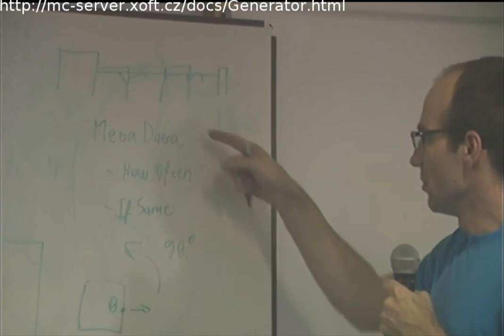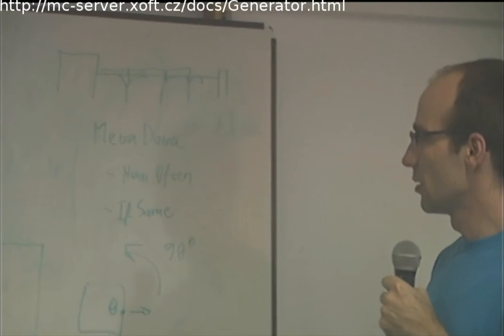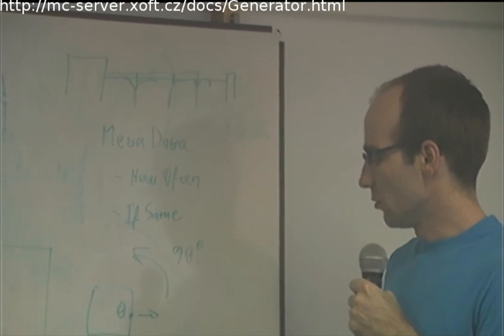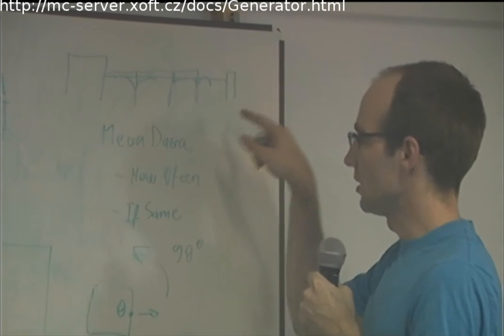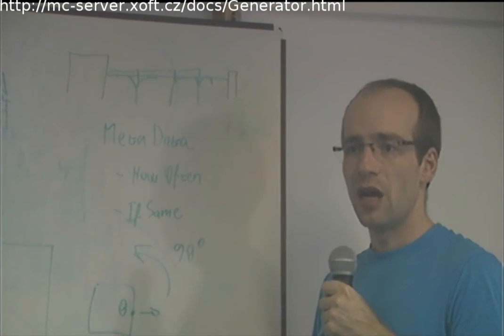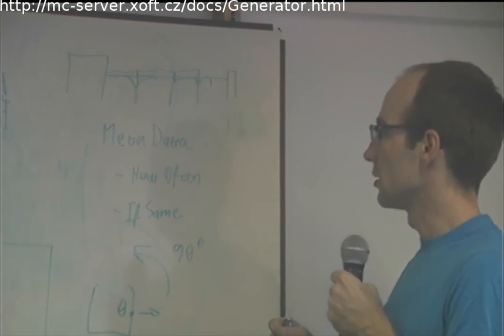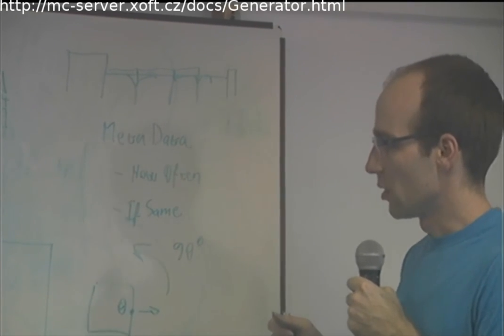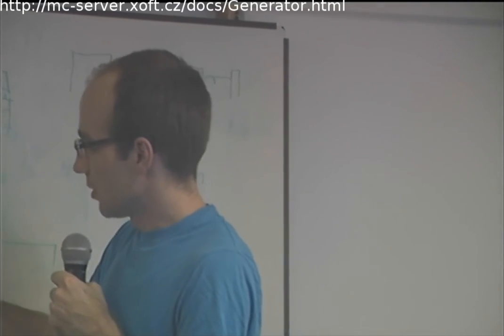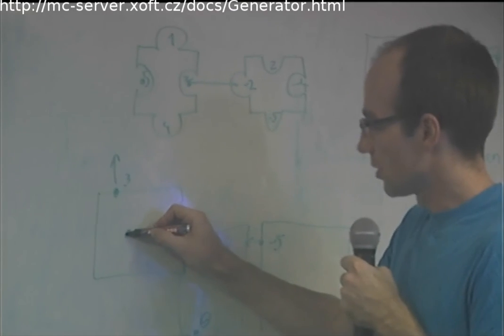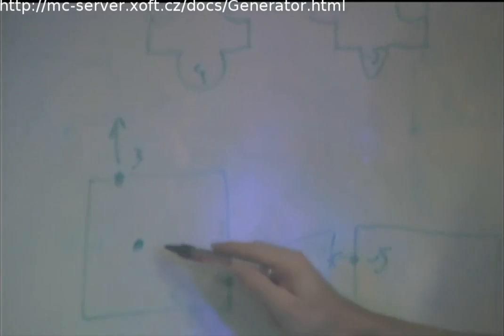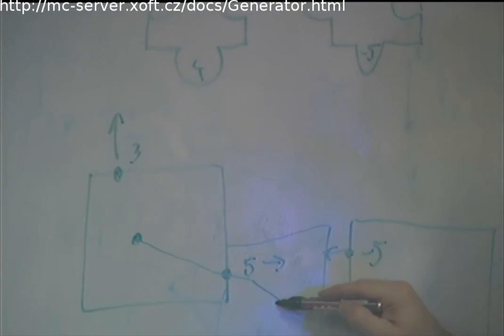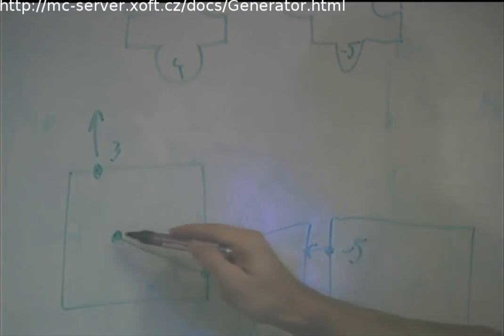So the metadata can specify what adjustments to the weight are to be done based on if the piece is the same, or how deep it is in the generator tree. Because if you look at this, this is the base piece, the first one placed, and then there's a tree, really, because this one was second, this one was third, then there's another one through here.